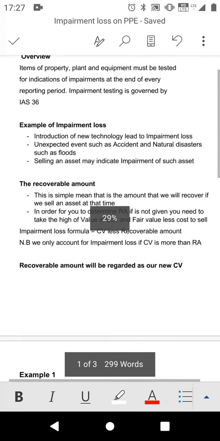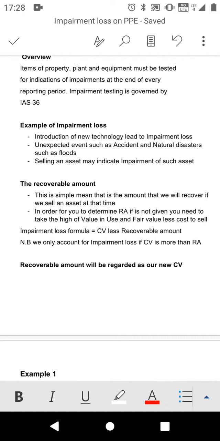Alright, now let's go to how you are going to account for impairment loss. Firstly, you have to understand what recoverable amount is, because you will need it when you calculate impairment loss. So let's start. What is recoverable amount? This is the amount that you are going to recover after the indication of impairment.